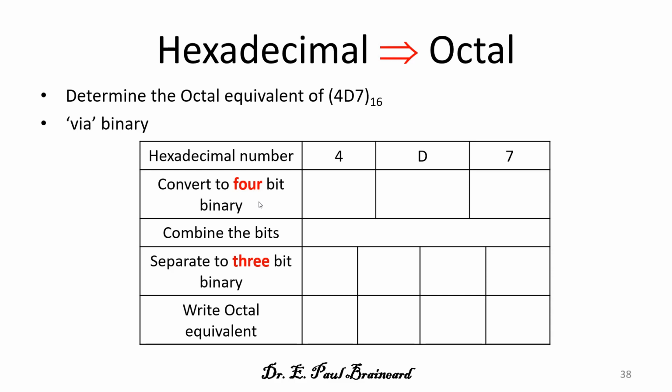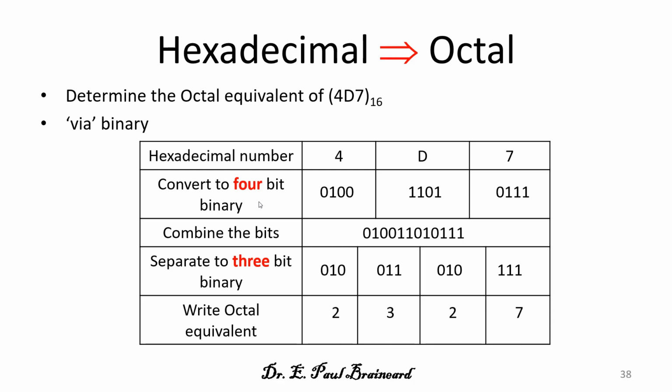So 4 is 0100, D is 1101, 7 is 0111. Now combine all the bits, then separate them into groups of 3-bit binary numbers, again starting from the right. So 010 is equal to 2, 011 is 3, 010 is 2, 111 is 7. Now the hexadecimal number 4D7 is equal to the octal number 2327.